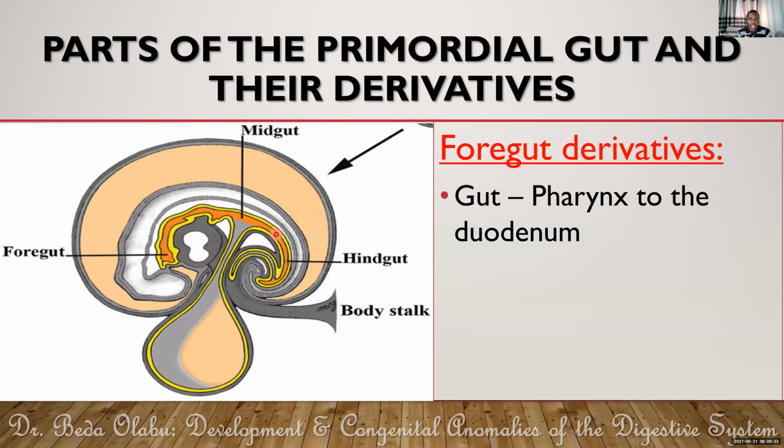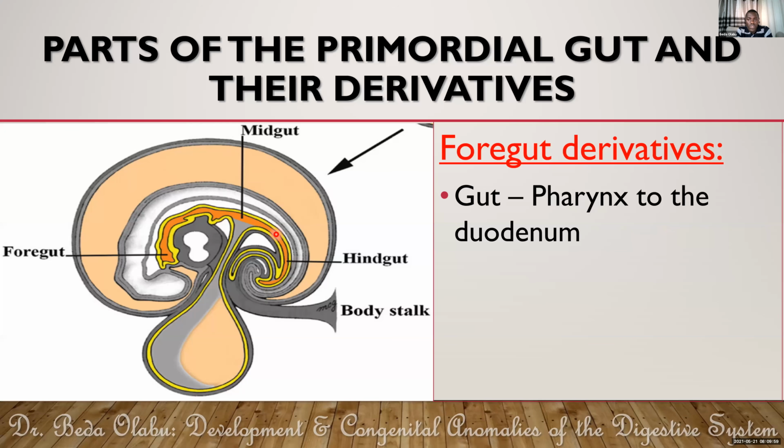So in terms of the gut, foregut gives us this segment extending from the pharynx to the duodenum, which means that the pharynx is a foregut derivative. After pharynx, it is the esophagus. The esophagus is a foregut derivative.